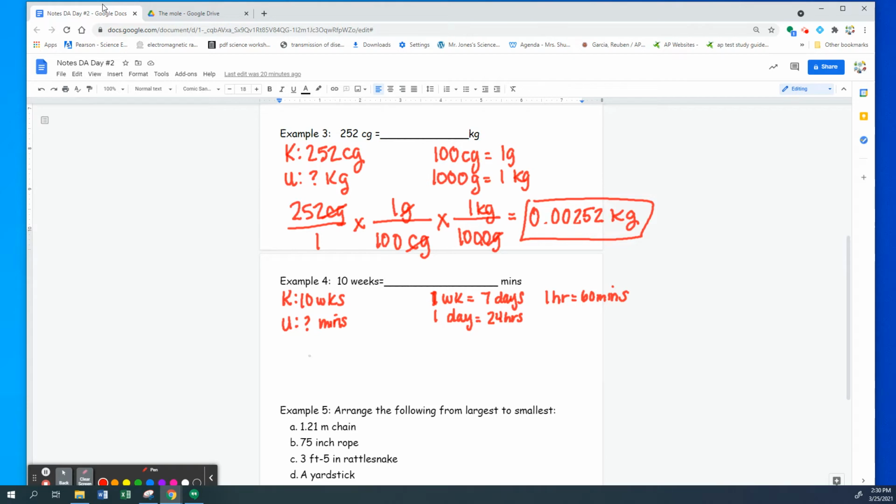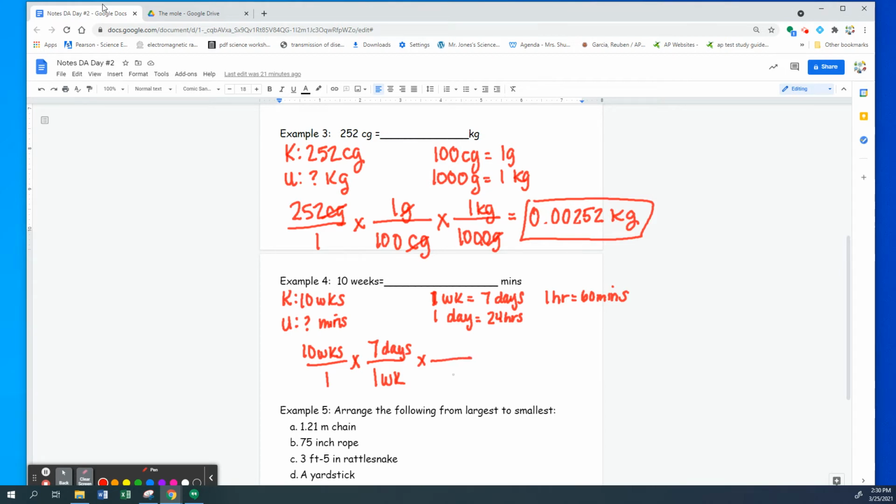So I'm going to start with my known, 10 weeks over 1. Weeks is on top, so I'm going to put weeks on bottom. The other half of the conversion factor is 7 days. It goes on top.